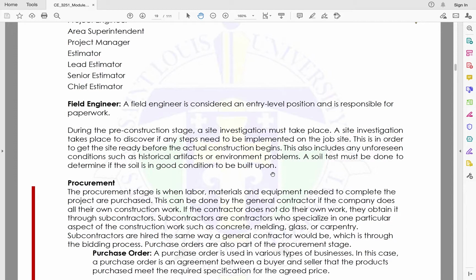Or, for example, if the site is abandoned and we have an existing structure that also needs to be cleared. In the site investigation, that is where we see the actual condition of the site. Okay, so there we assess whether we are good to go or whether something needs to be cleared on the site.